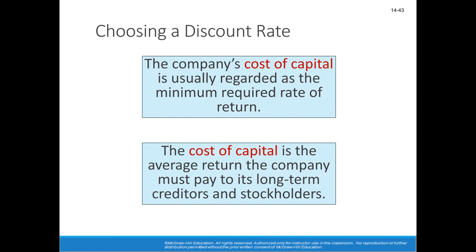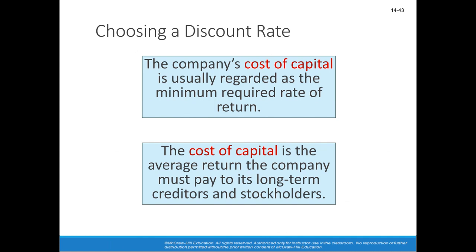Now, how do you determine the discount rate? And that's really the cost of capital. The cost of capital is dependent upon the equity and the debt that you have as a company, what your shareholders expect as a return on your equity, and then what your aggregate average rate on your debt is.